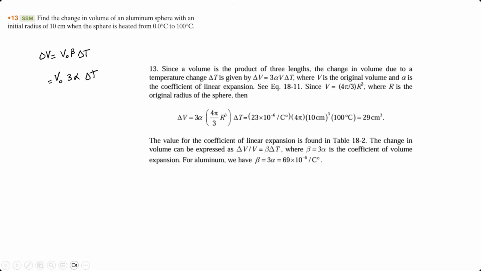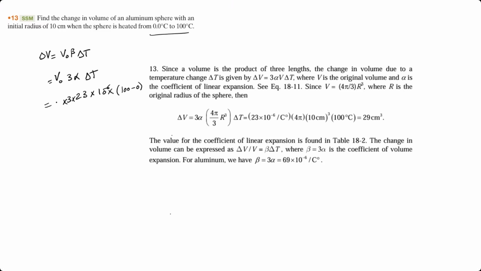And alpha, as usual, we find it from the table of constants. We look up the coefficient of thermal expansion for aluminum, which is here, 23 times 10 power minus 6. Delta T is 100 minus 0. The sphere was heated from 0 degrees Celsius to 100.